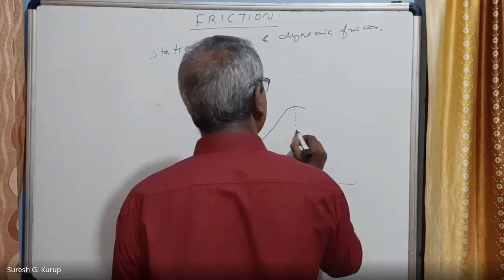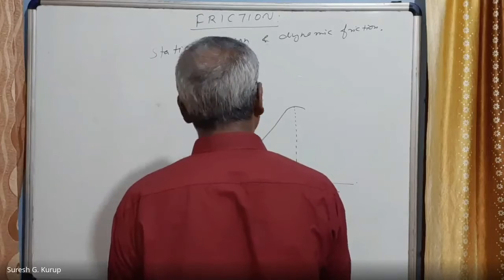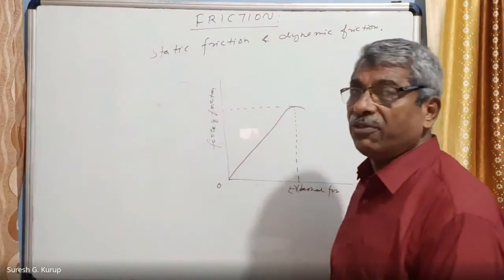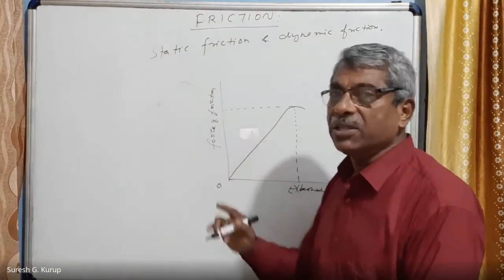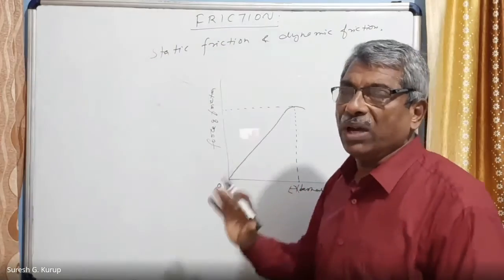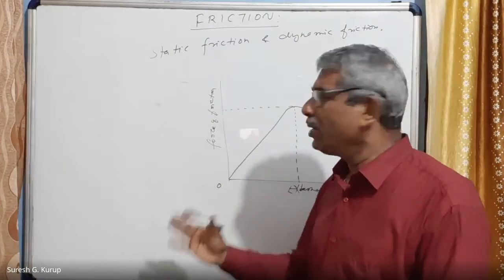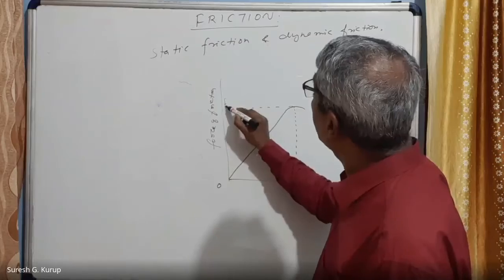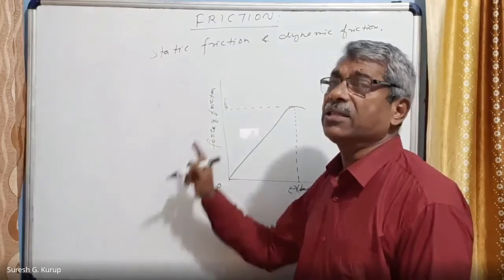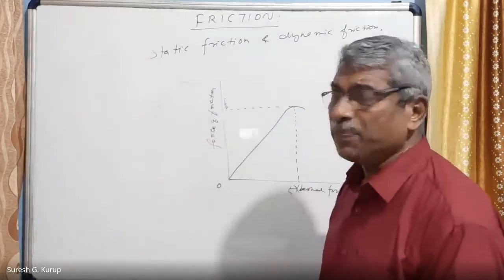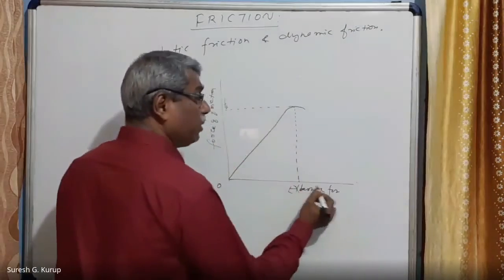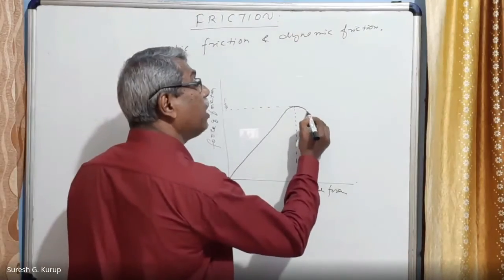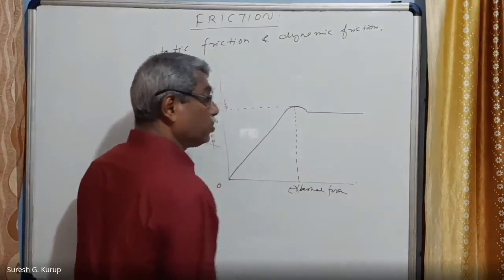That is the maximum value of frictional force the surface can act on a body. This is what is called limiting friction. Limiting friction is represented by a small f and a small s at the bottom, right? Then, if you increase the external force, the frictional force decreases, and after that, the force becomes constant.